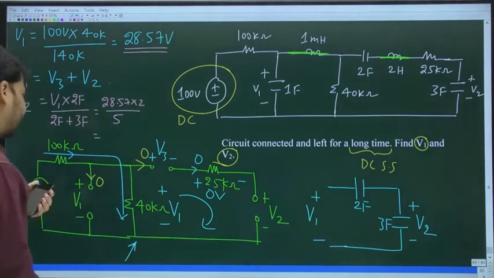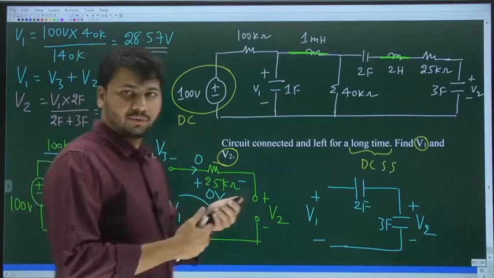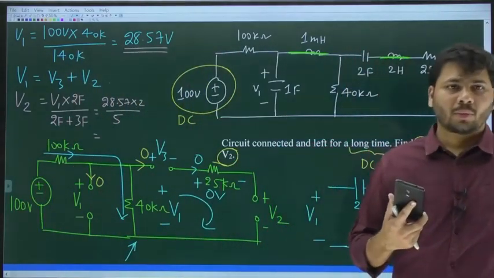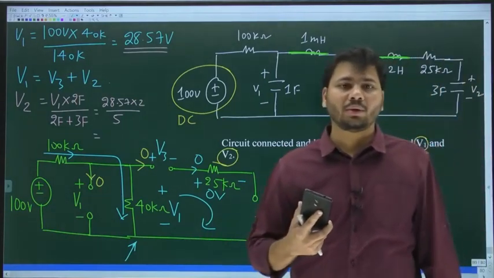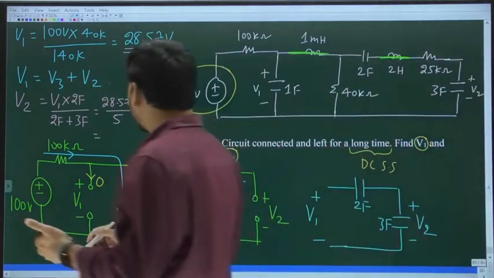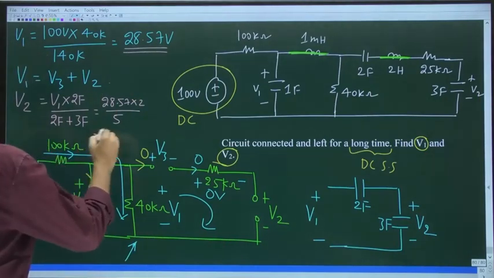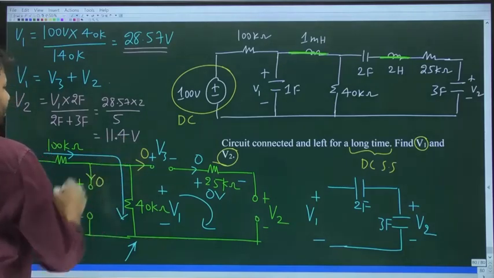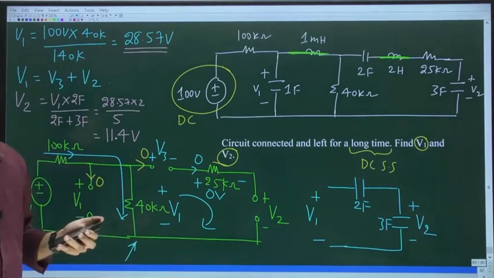Someone please tell me the value of this. 28.57 into 2 by 5, 11.4, okay? Yeah, it is correct, 11.4 volts.